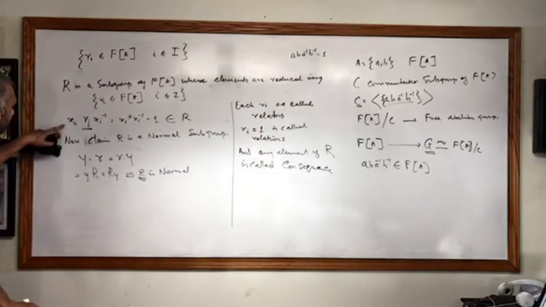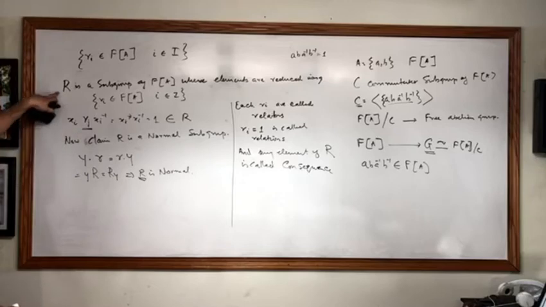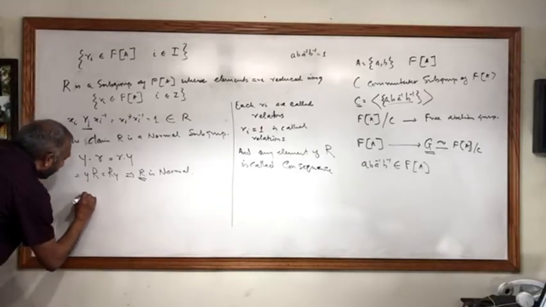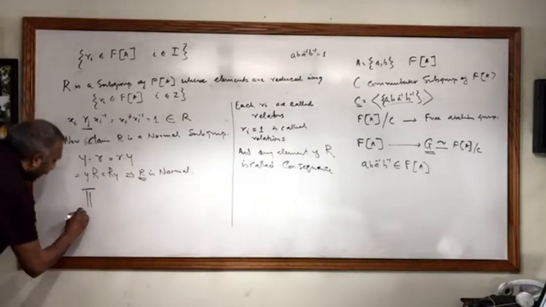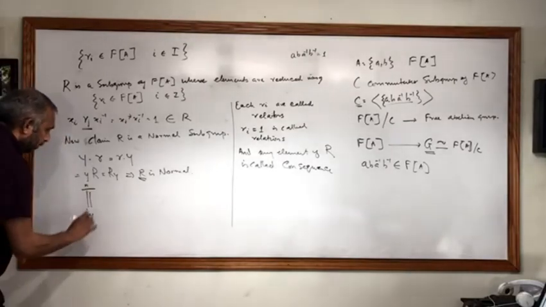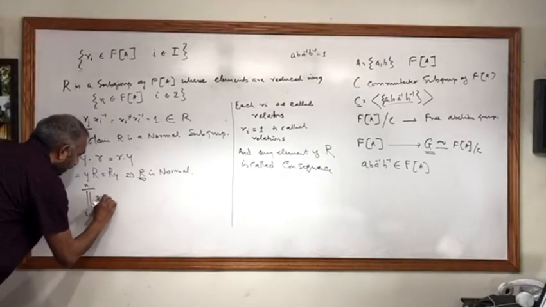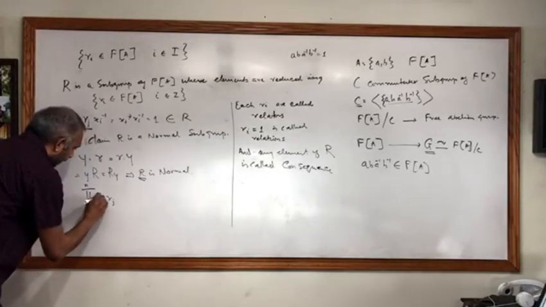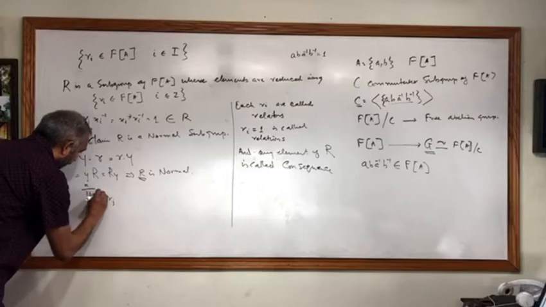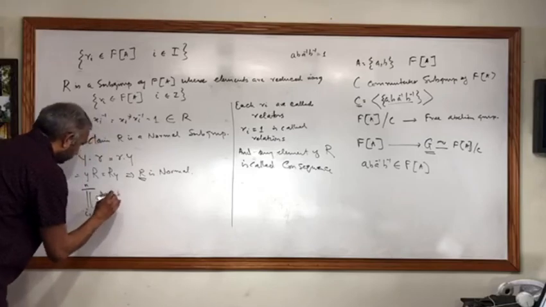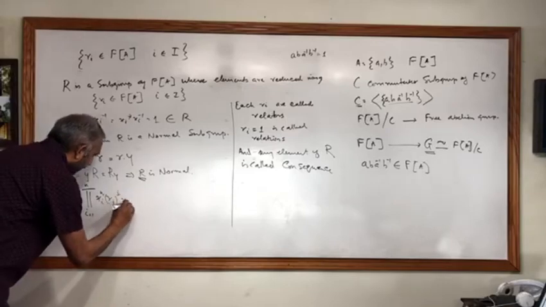For example, here one consequence of this relation is going to be, if you take the product for i equal to 1 to, let's say, n, of xi to the power of ni, rij to the power of ji, and xi to the power of minus ni.